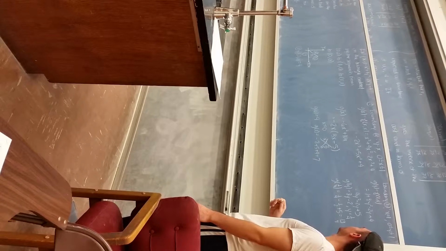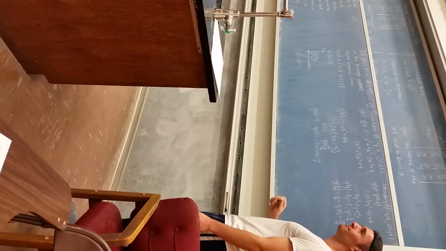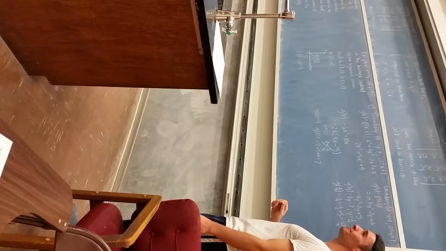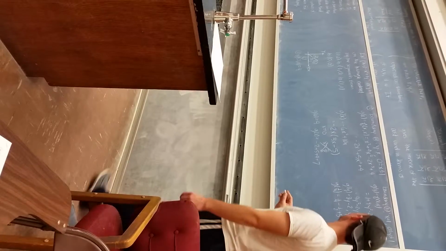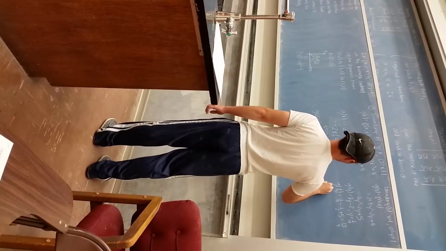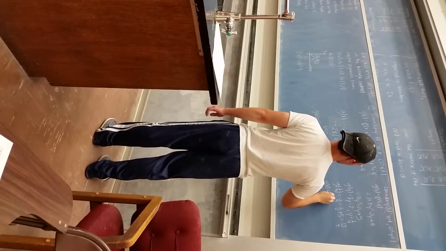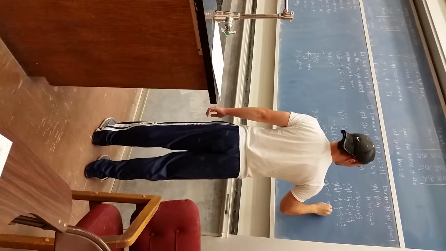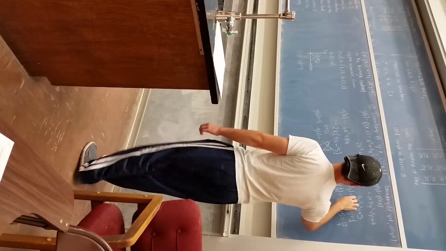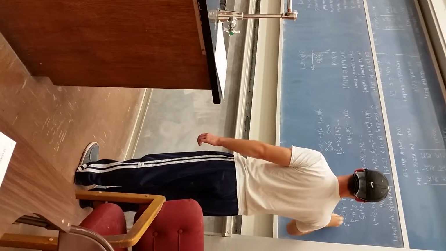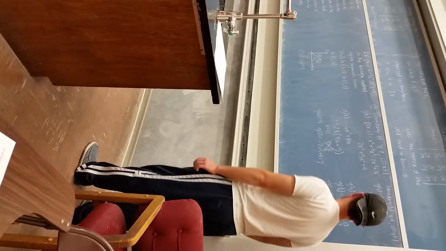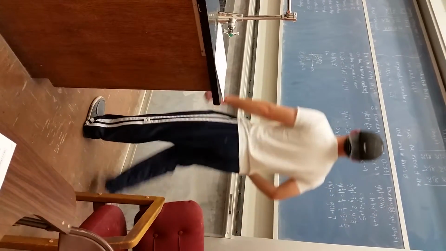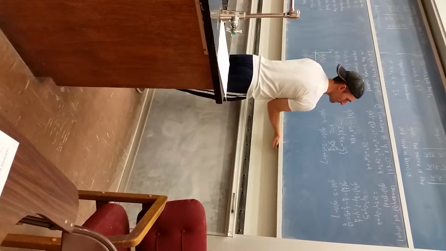What next? Solve for g of y at 0, 1. So g of 0 is 5, g of 1 is 4 minus 2 plus 5, which is 7. So that's boundary B.